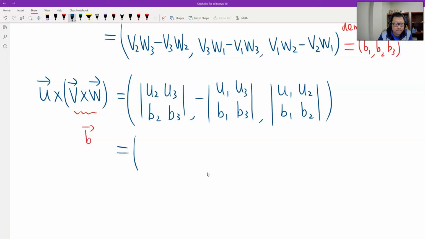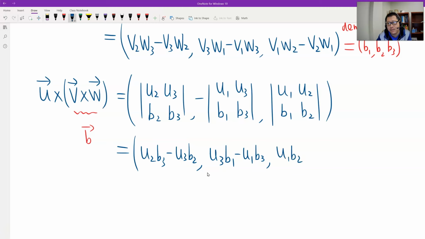Break it down. So it's U2 B3 minus U3 B2. The second, don't miss the negative, which is U3 B1 minus U1 B3. And then U1 B2 minus U2 B1. And then we plug in.